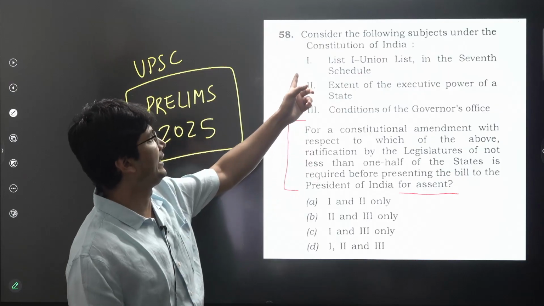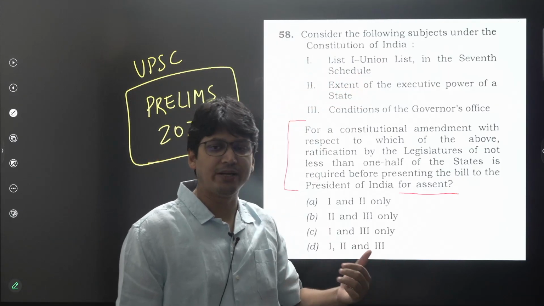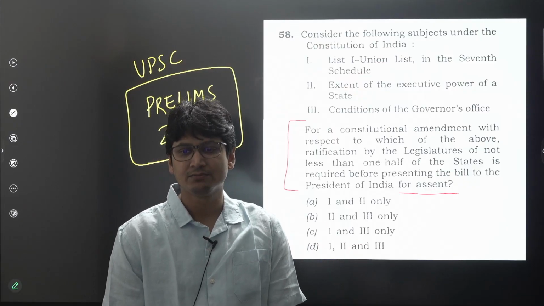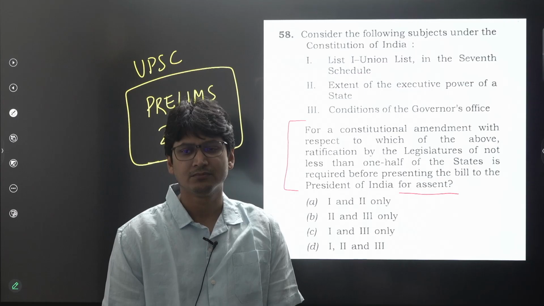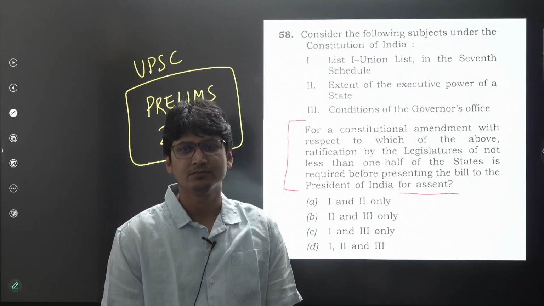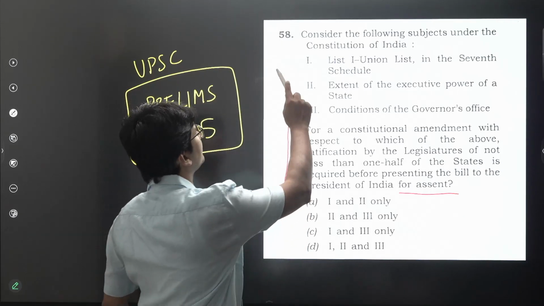Do you think any changes in List 1 or the Union List need ratification by at least half of the state legislatures? Yes. So 1 is correct.